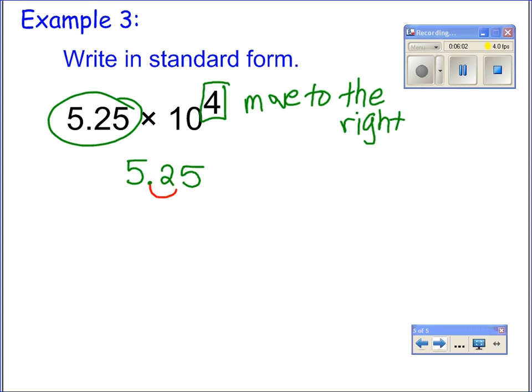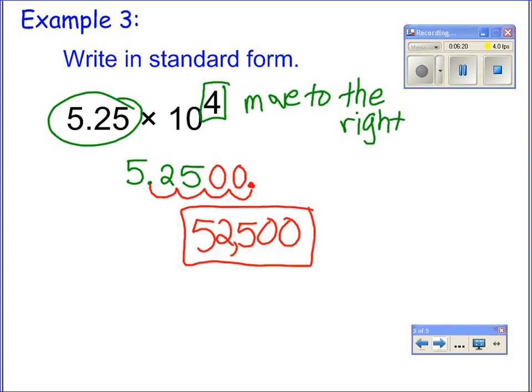So we have 1, 2, 3, 4. Rewrite the decimal point. Draw or write 2 zeros in as your placeholder. Let's rewrite our number with 2 zeros. Count over 3 places to put your comma in. So 52,500 is the standard form from converting this scientific notation into standard form. We get 52,500.